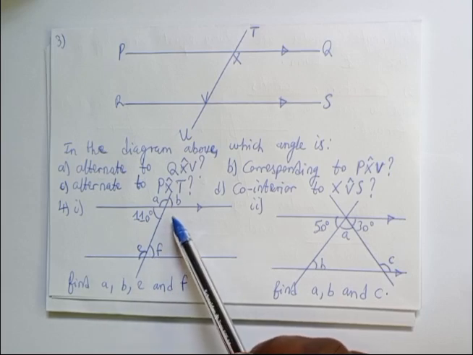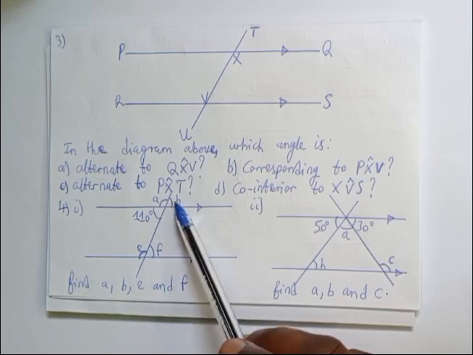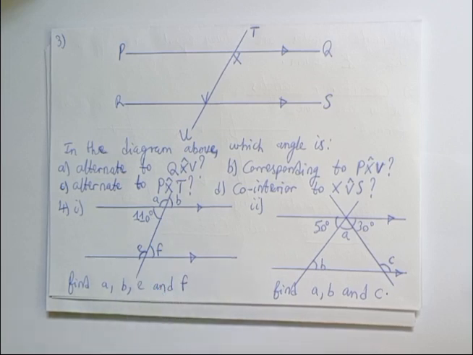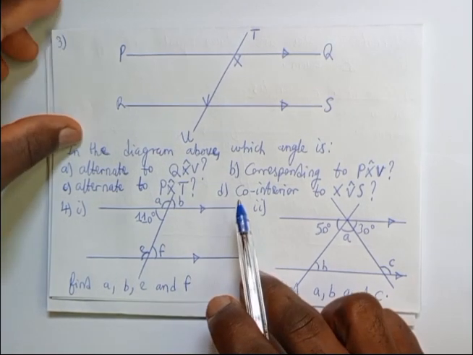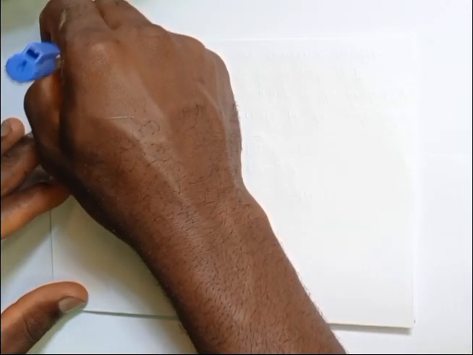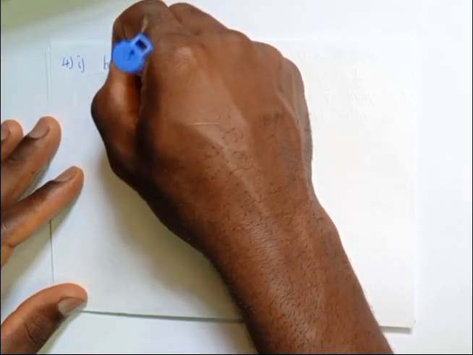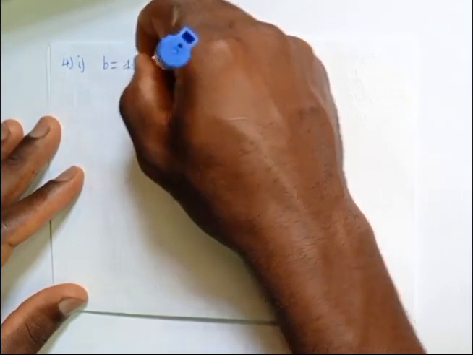Looking at the diagram, the angle B and 110 degrees are vertically opposite angles. That means they are equal. B is equal to 110 degrees.